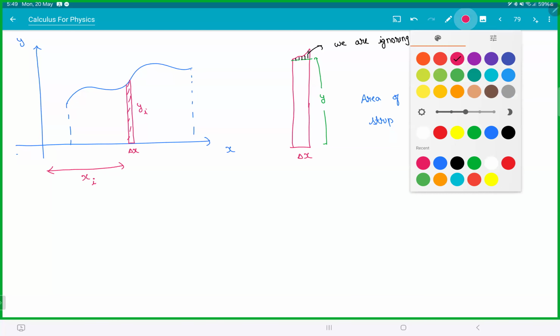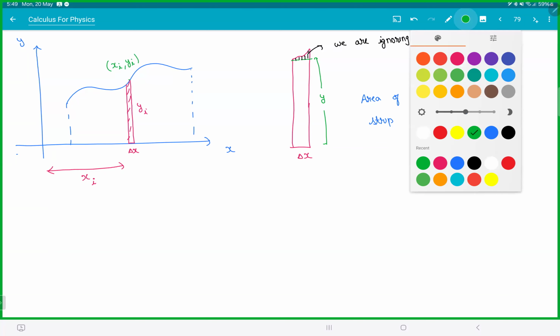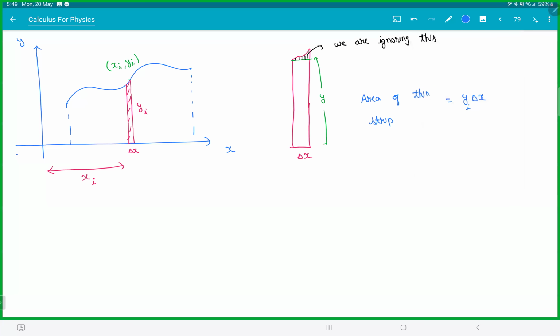So these coordinates here are xi, comma, yi. i is a subscript, which is a variable. So this is the area of the thin strip. You're getting it? So this is A i. This A i is the area of the thin strip at distance xi.